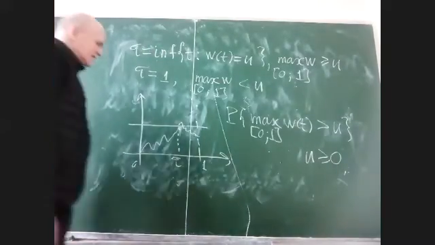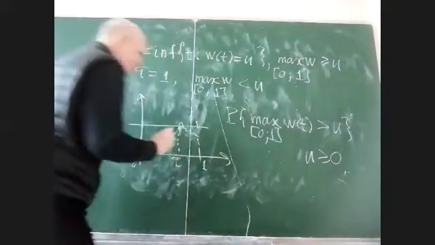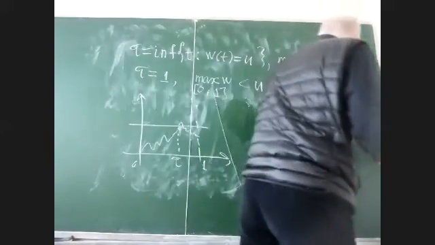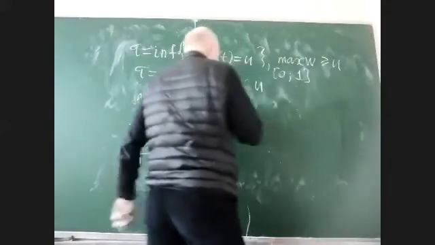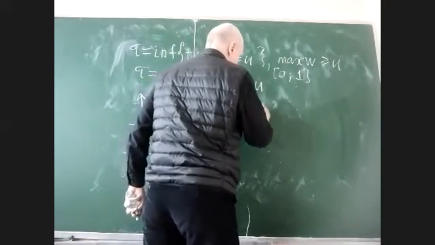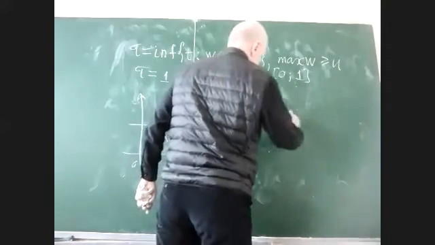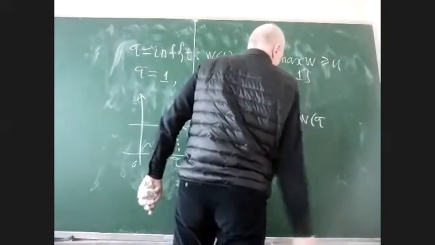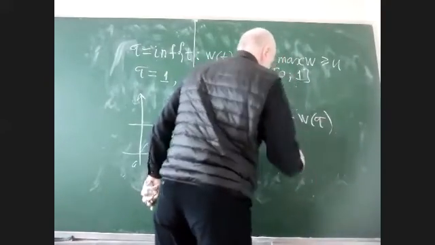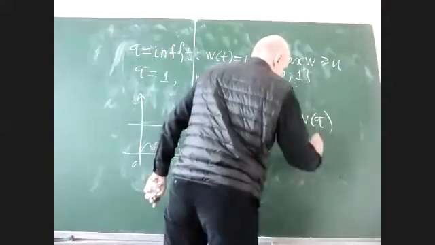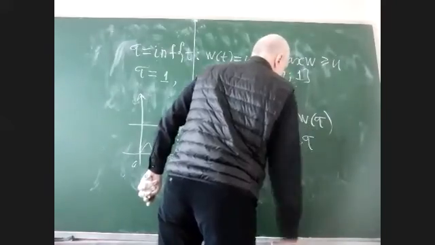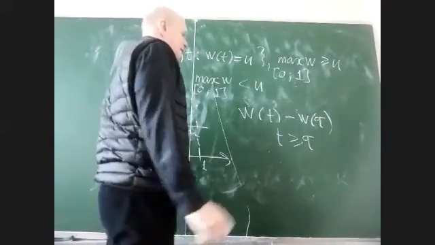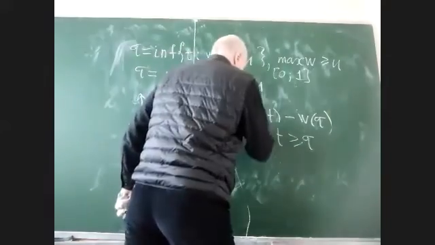Now I will consider a part of our process: W_t minus W_tau, when t is greater or equal to tau and less than or equal to 1.